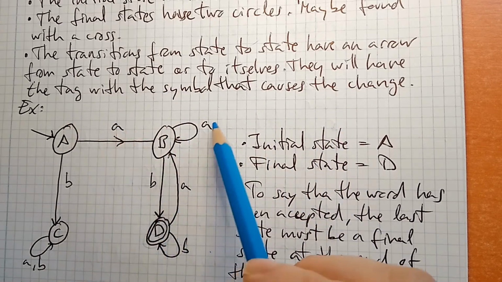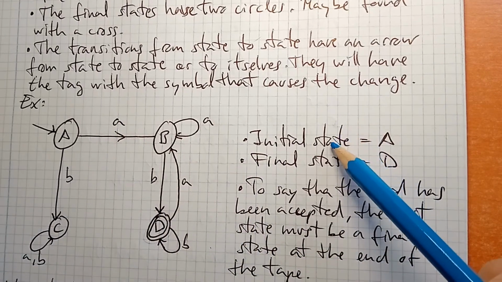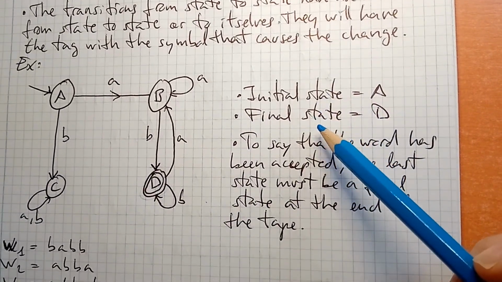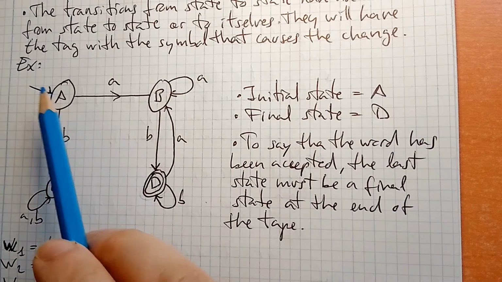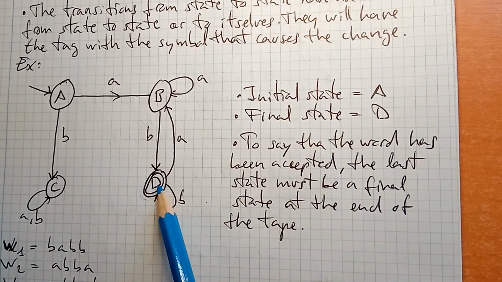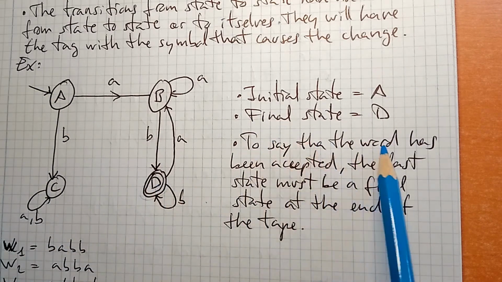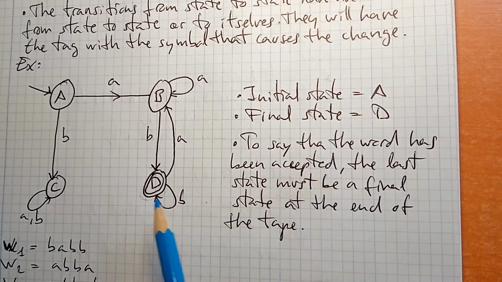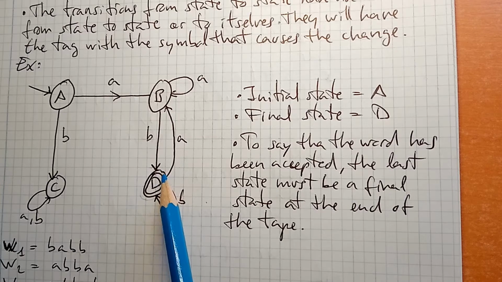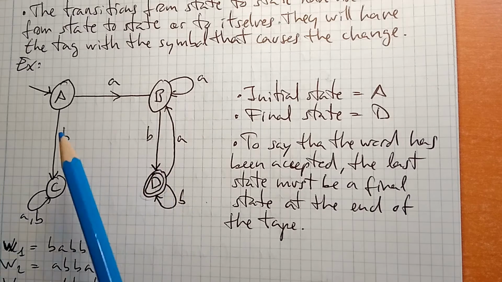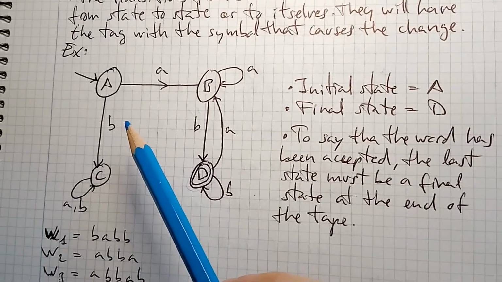These are the symbols A and B. So here we have the initial state A, the final state D. To say that the word has been accepted, the last state must be a final state at the end of the tape. So we have this automata.